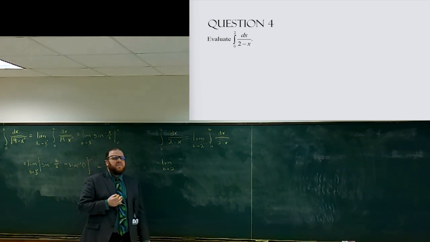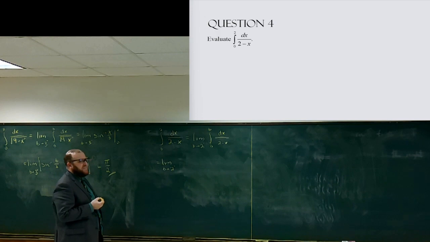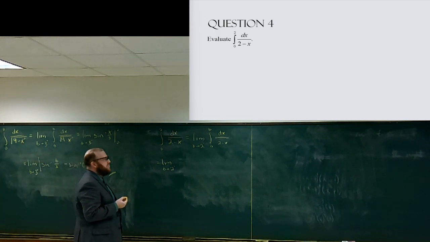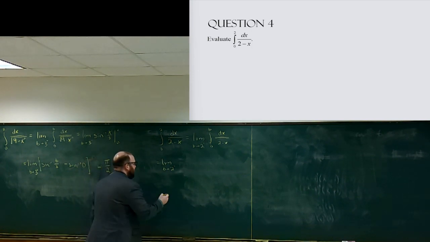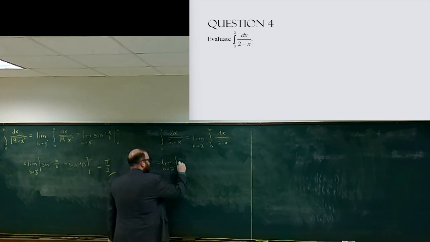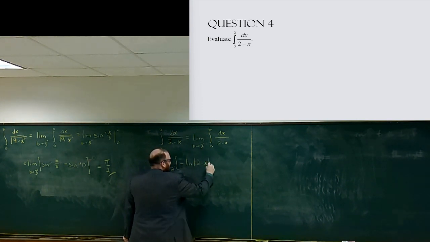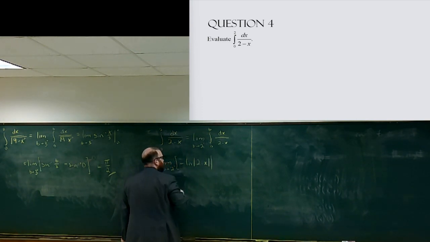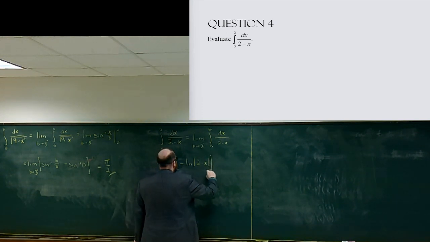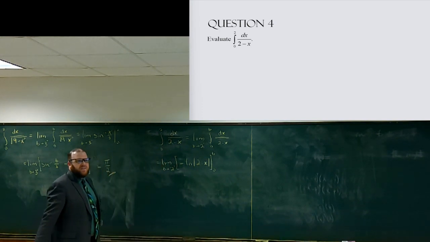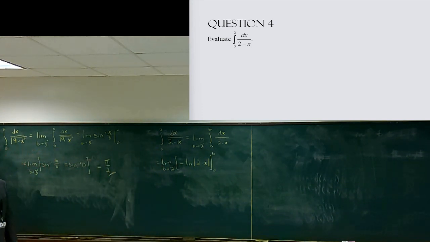You're missing one thing. Is that negative 2 minus x? There's a negative. Oh, negative log of 2 minus x. Absolute value. What's the derivative of 2 minus x? Negative 1. That's why you need the negative.